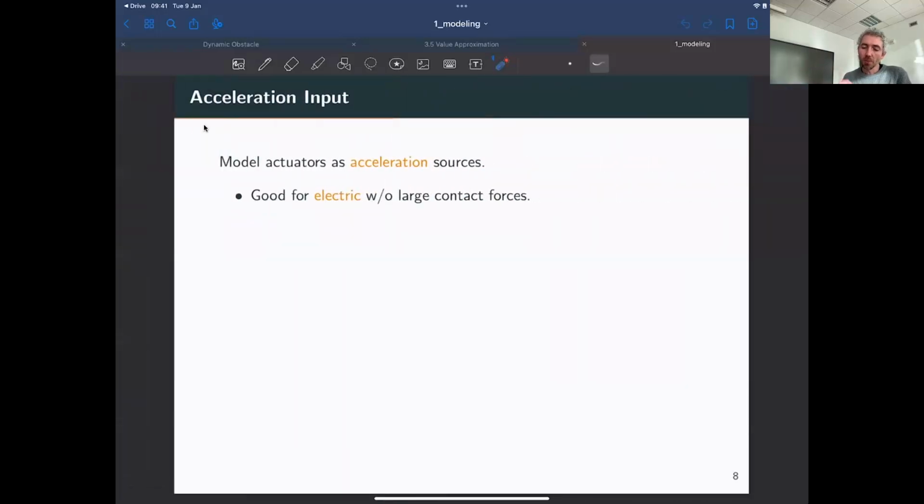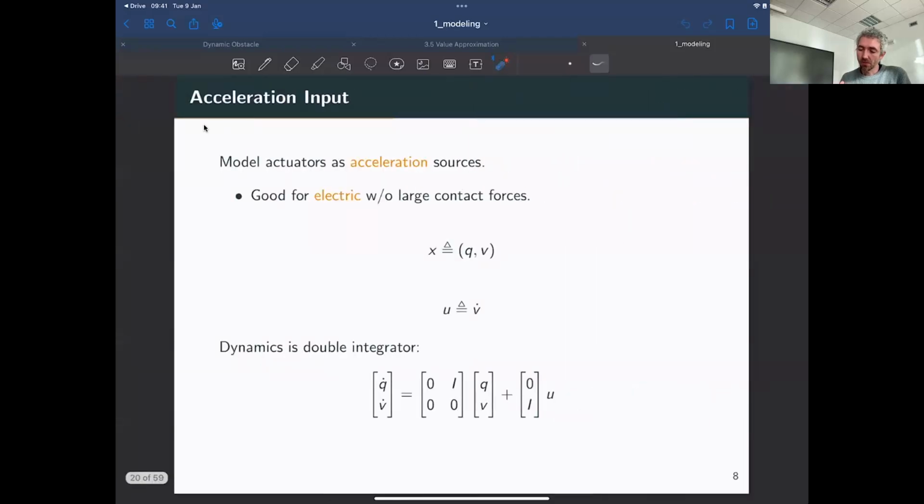So the second option is to model actuators as sources of acceleration. This is good for electric motors, electric actuators, without large contact forces. So in this case, if your control actuators are generating acceleration, you also need to model the velocity inside the state of your robot.